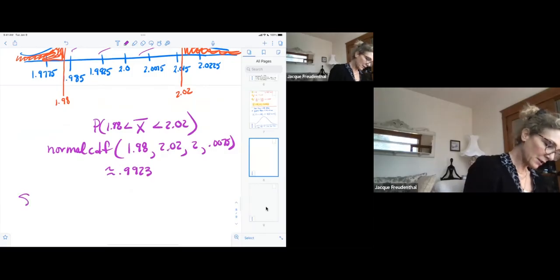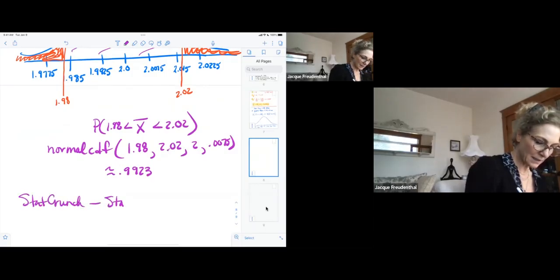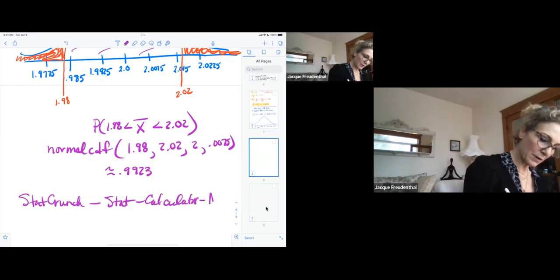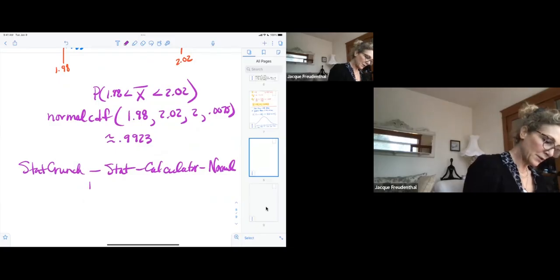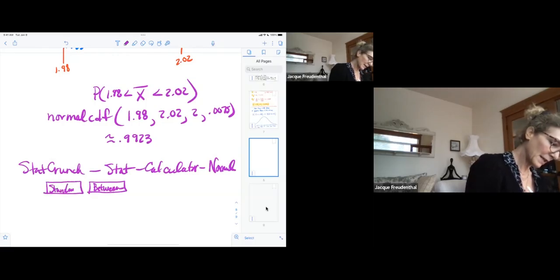We can go to StatCrunch. We go to Stat, then Calculator, then Normal. We need to choose the tab at the top that says Between, not the one that says Standard, because that's what we're trying to find.